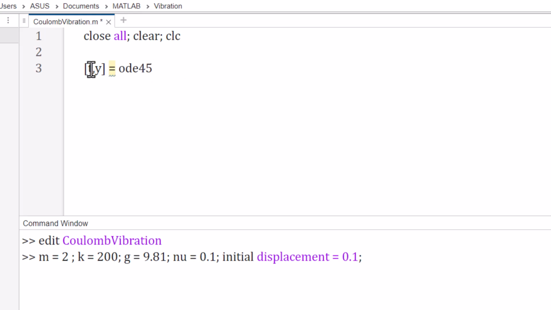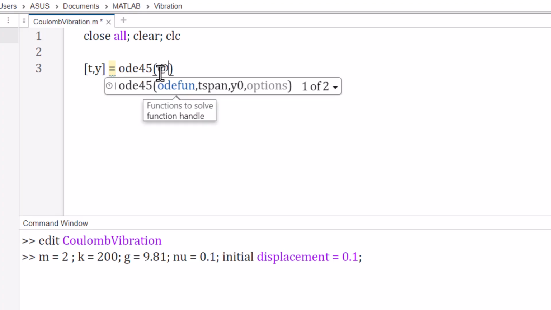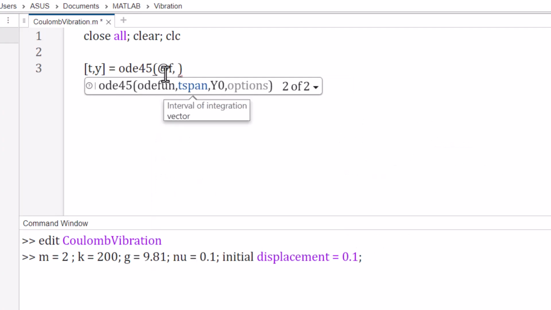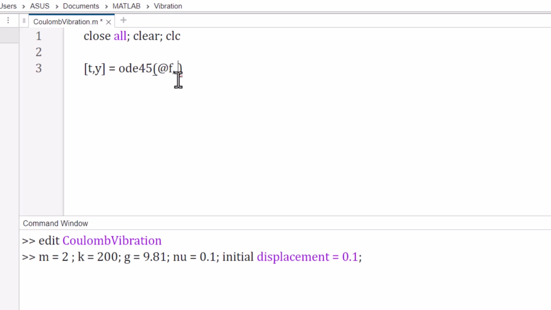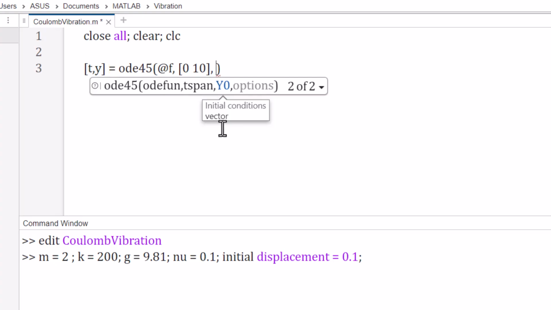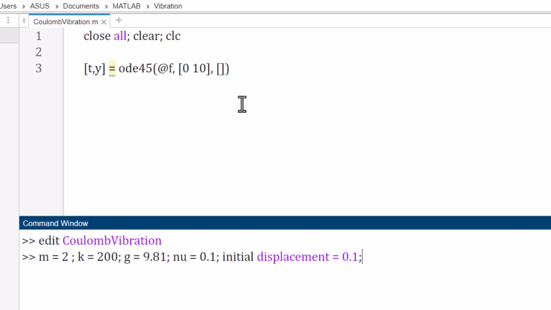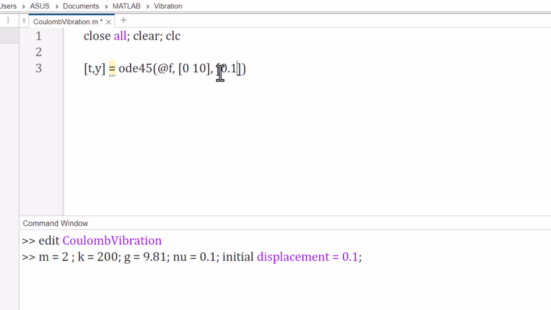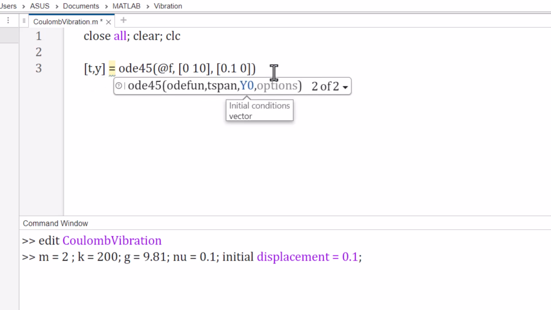So time and the state variables are going to be equal to ODE45 of @f, and f is going to be a function containing the equations. I want to solve this equation from 0 to 10 seconds. The initial conditions, as I said here, are that the initial displacement is 0.1 and the initial velocity is equal to 0.